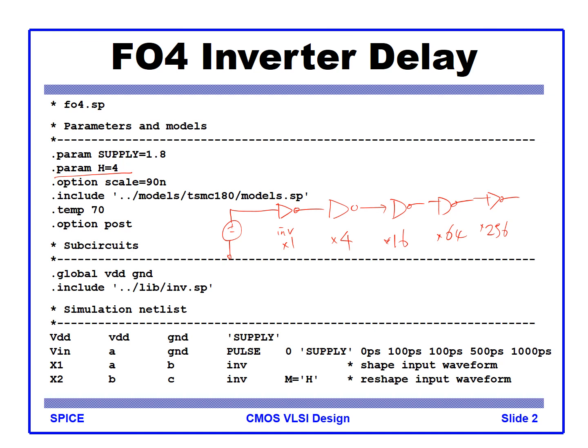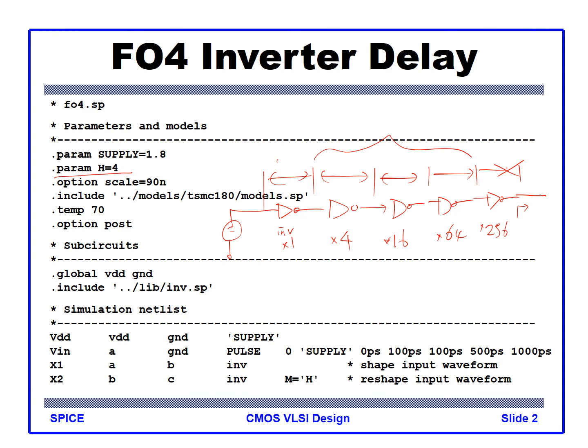Ideally, if the fan-out is the same, all the delay per stage should be the same, right, as long as the CL. The last inverter doesn't have any load, so up to this point, starting from this guy, we're supposed to have the same delay.